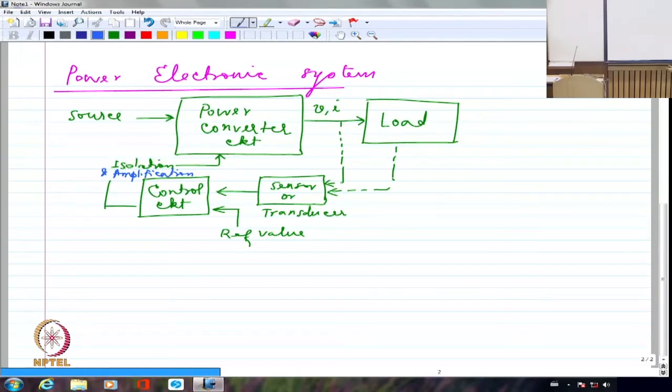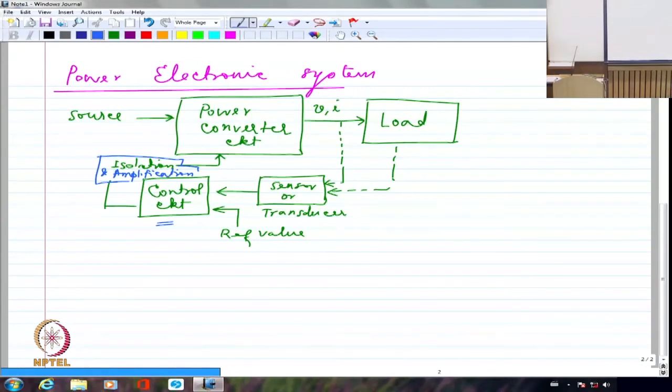In all probability, my electronic circuit, which is actually this control circuit, may not be able to give even that 1 ampere. So I will need an amplification circuit. So in all probability, I will need isolation and amplification. Both have to sit in between the control circuit and the power electronic circuit.